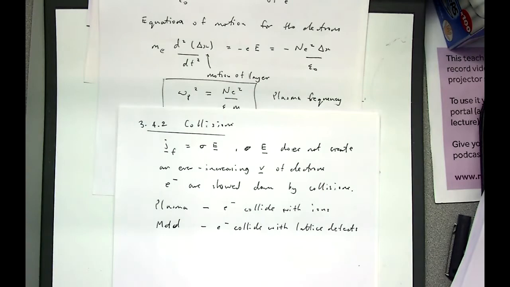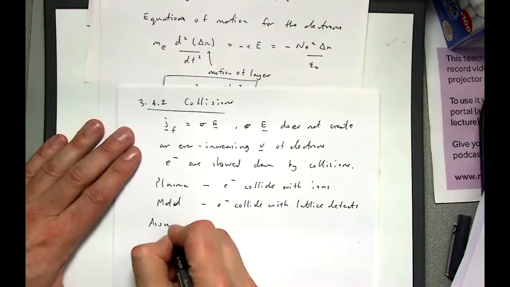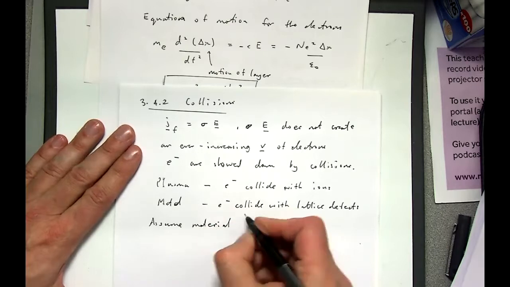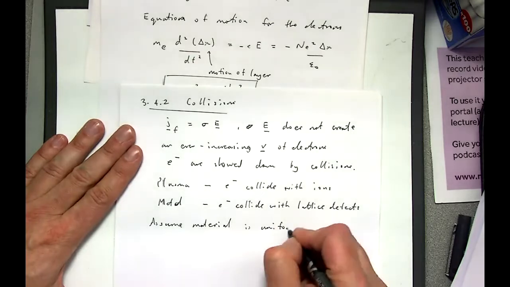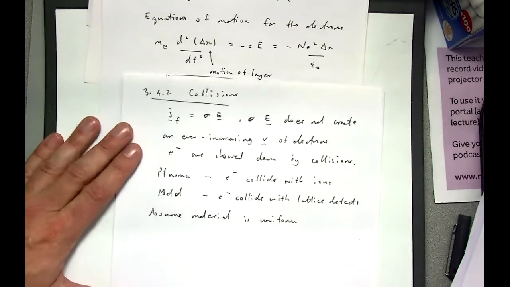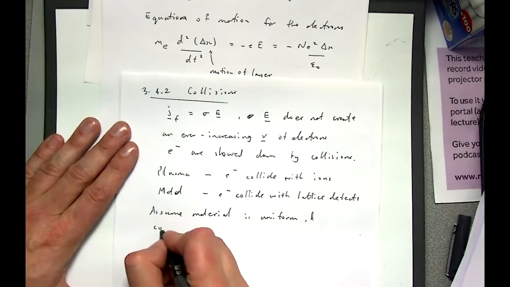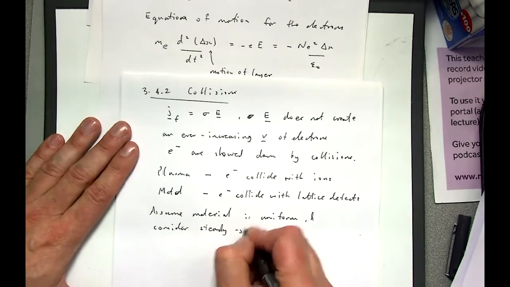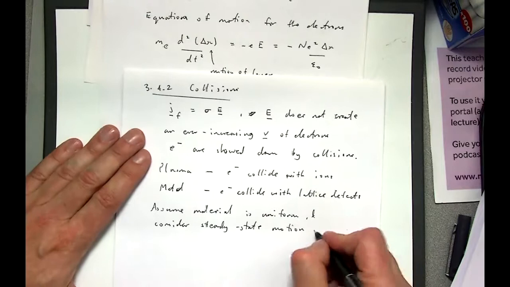So let's try and work out some features of that. Let's assume to begin with that the material we're looking at, whether it's the plasma or the metal, is uniform, same in every direction, same depending on where we are in it, and we're going to consider here some steady state motion in a constant electric field.